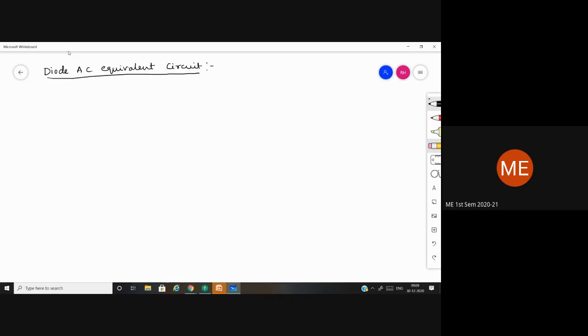So in that, what are the different components which are being used to match the practical graph? What are the different things that are being used? Resistor.